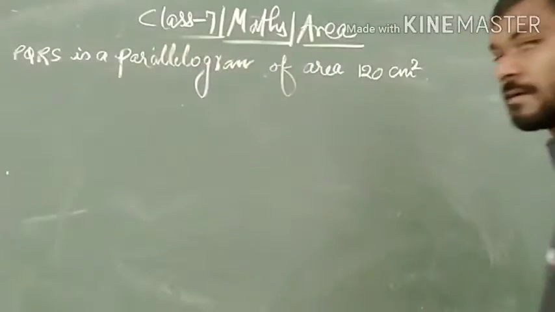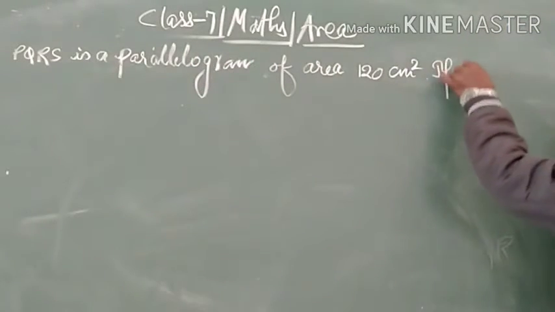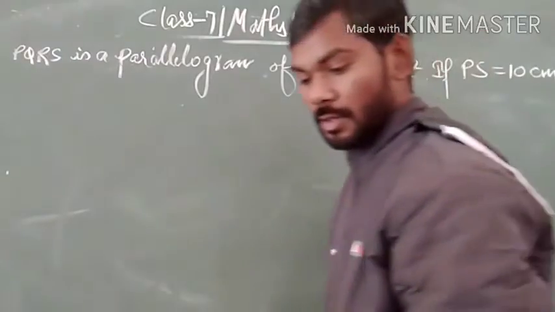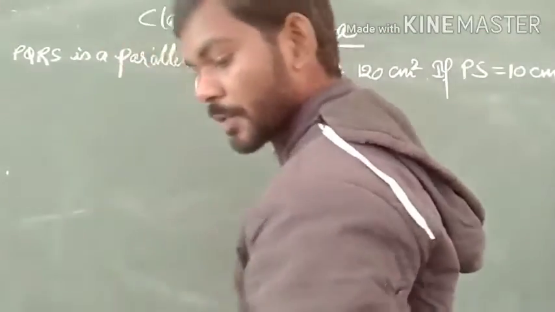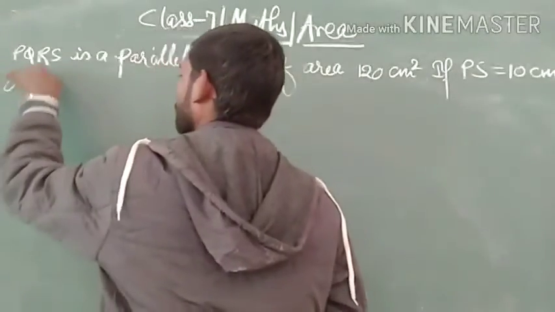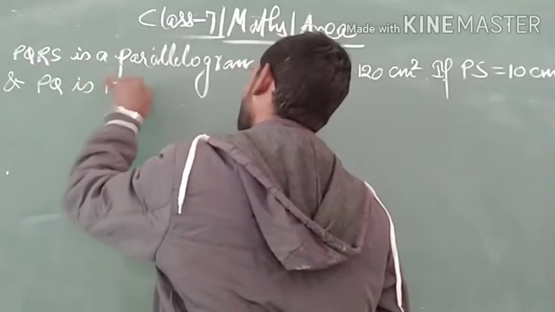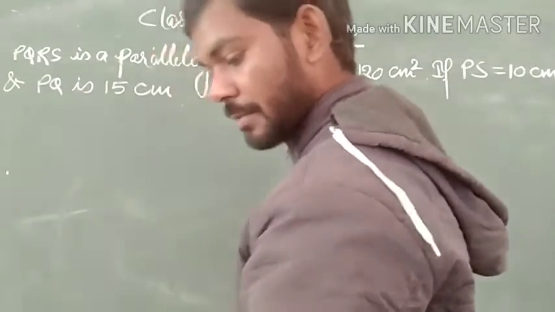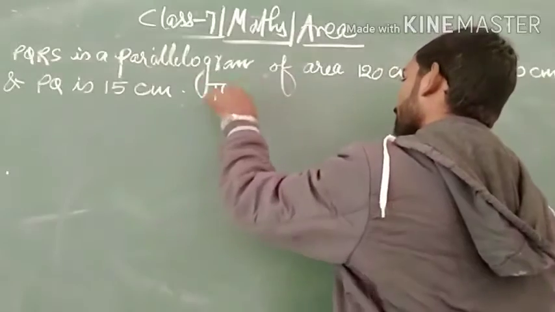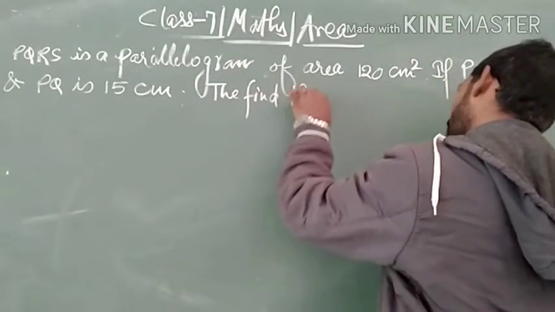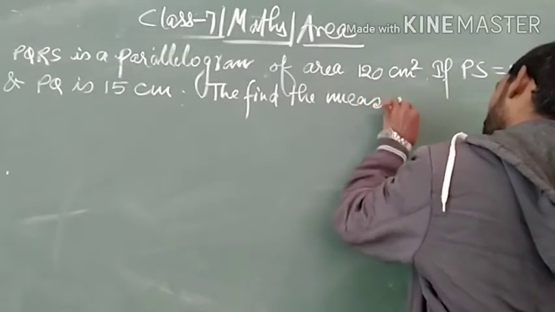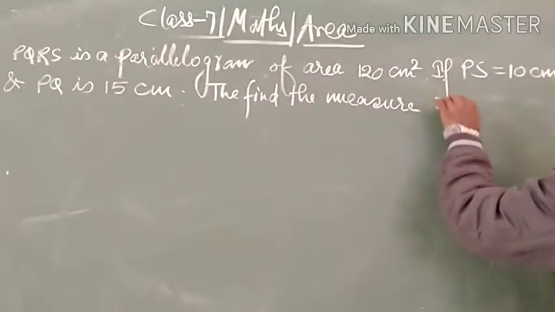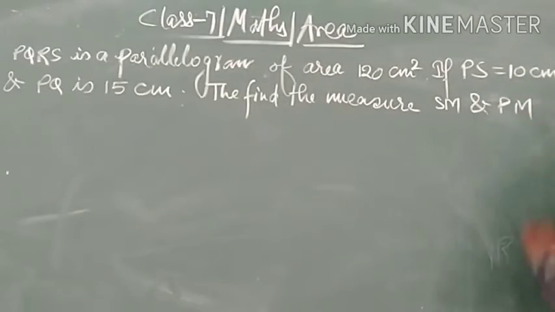If PS is equal to 10 centimeter and PQ is 15 centimeter, then find the measure of SM and PM.